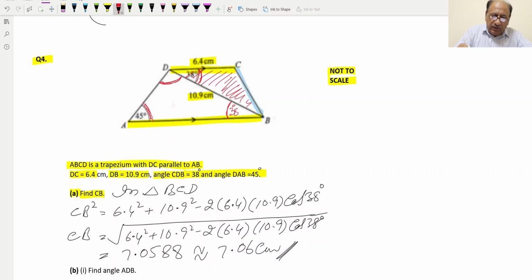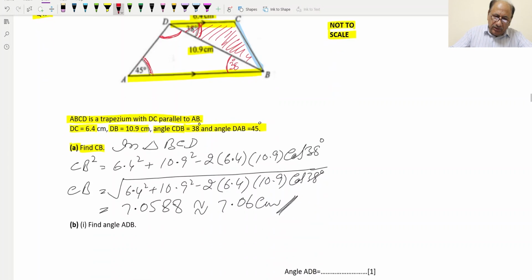And after finding this angle, now their angle ADB, we can find the third angle which is 180 minus.